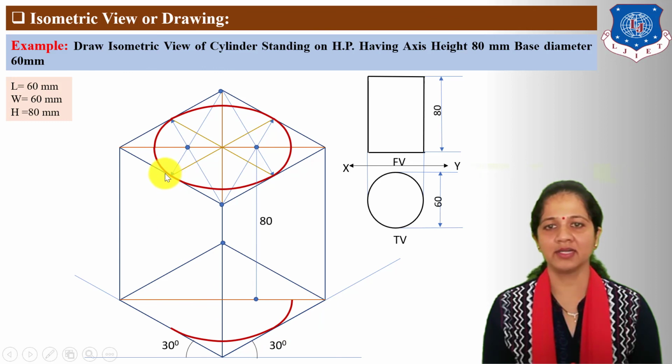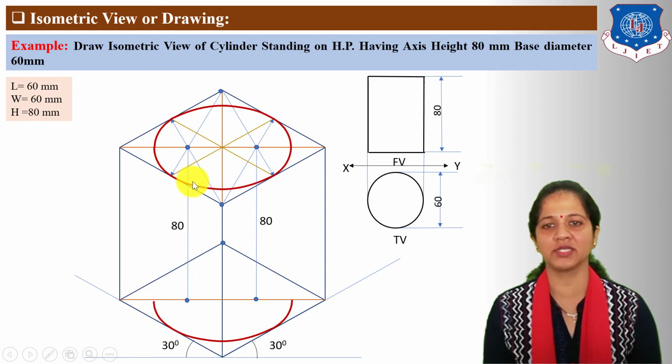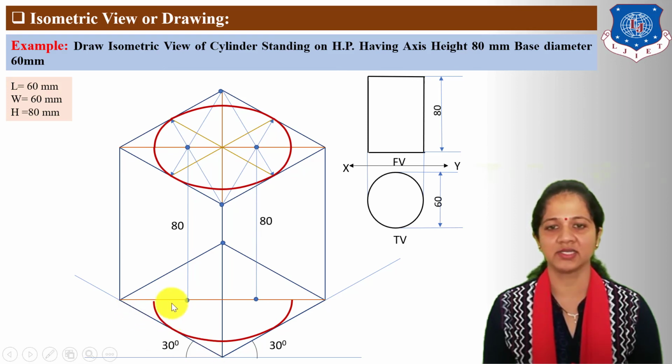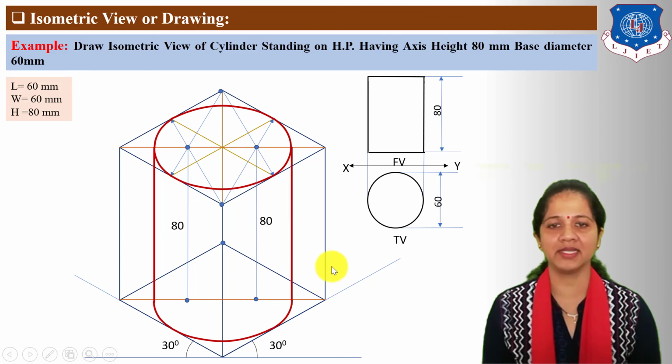Similarly, for the parallel drawing of this arc in the bottom face, transfer this center down by 80 mm height, which intersects on this bigger diagonal, and take this center and draw an arc parallel to this arc, tangent to this bottom edge. Next, connect tangentially these two arcs parallel to the height.